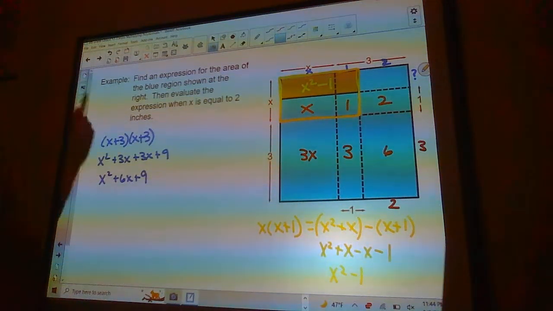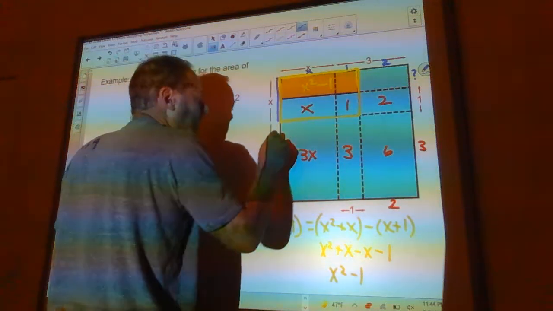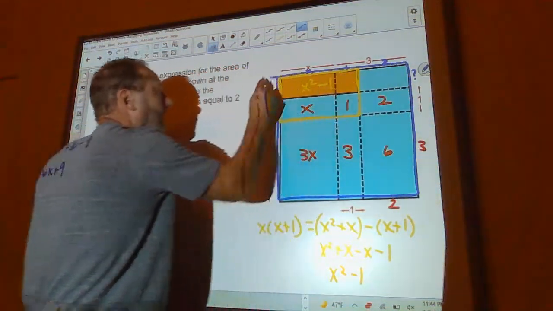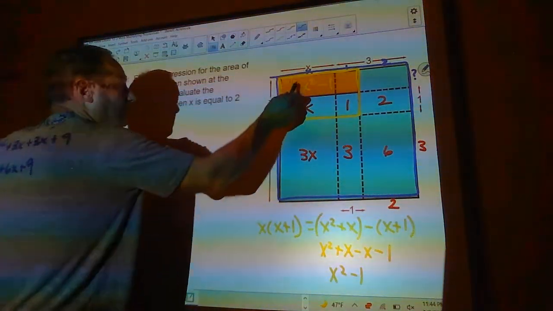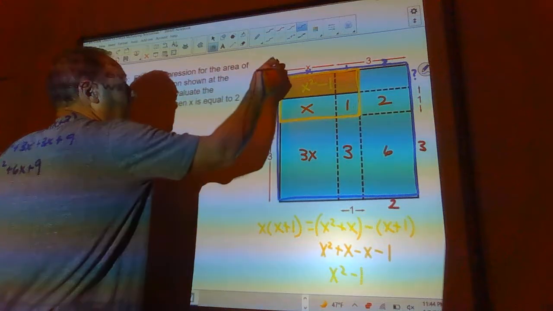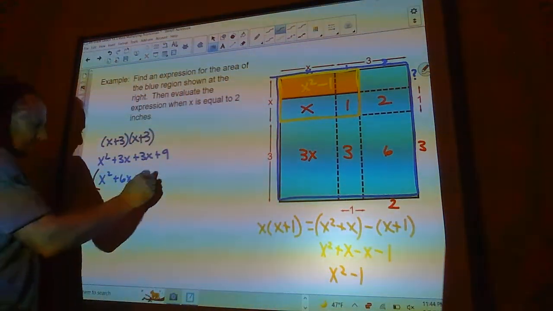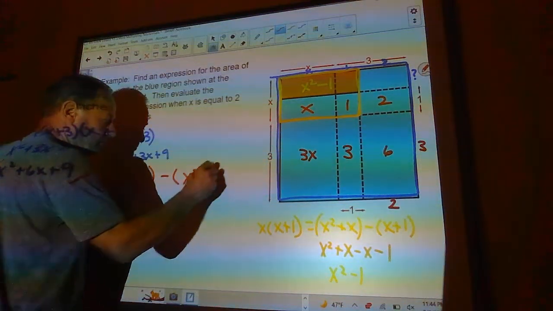Okay. So I've got the whole blue square here. Over here already, that's this. And I know that the orange part is x squared minus 1. So I'm going to take this and subtract x squared minus 1 from that.